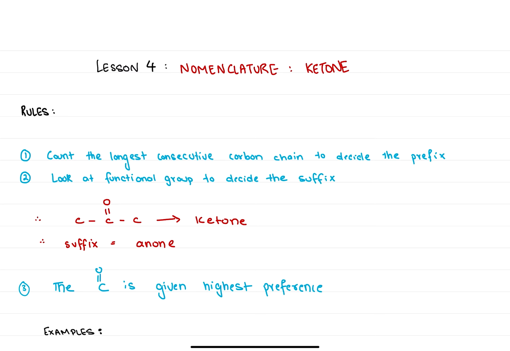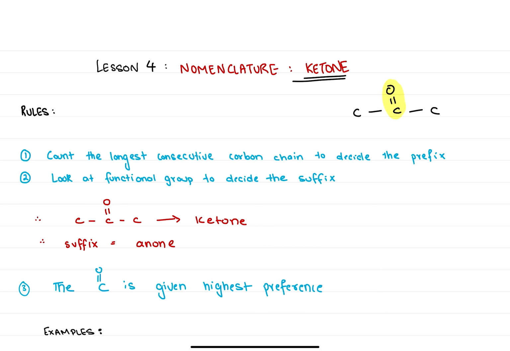Now if you're someone who is watching these videos for the very first time, you've not done the AS chemistry, then you need some practice in identifying the ketone group. Whenever you see a carbon and then this C double O group and then a carbon next to it on the other side as well, that is a ketone. This thing right here is known as the carbonyl group.